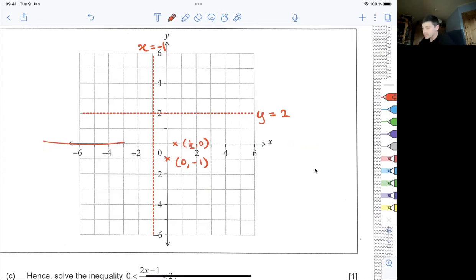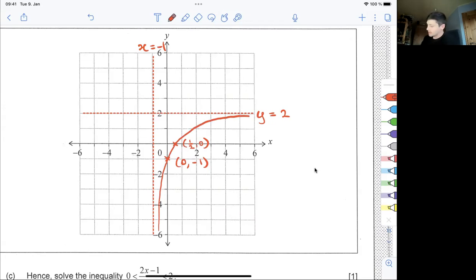So that gives us a bit of help as to the shape of our graph. On the positive side of x, as x increases, we want our line going towards the line y equals 2, and equally, as x tends to negative infinity, we want our graph tending towards y equals 2. Then we've got to go through our y-intercept and x-intercept, so we'll get a line somewhat similar to this.